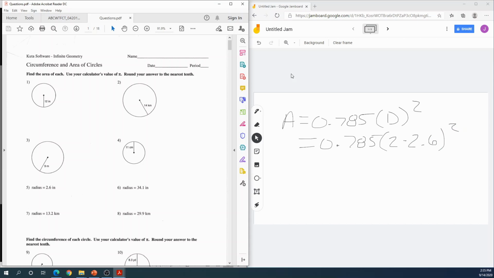So as we go through order of operations, we'll do 2 times 2.6. We'll take that answer, we're going to square that, and then multiply it by 0.785. And we should come up with 21.2 inches squared.